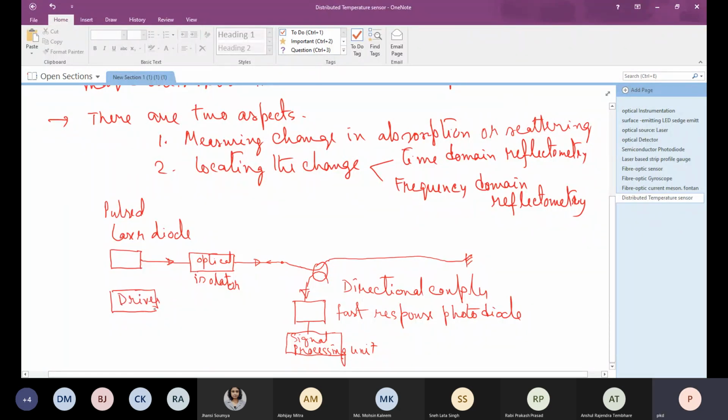Usually the pulse is triggered from this signal processing unit, through a laser driver.